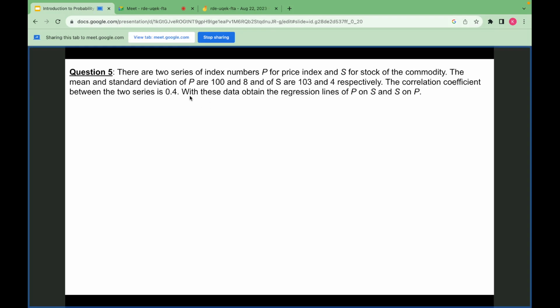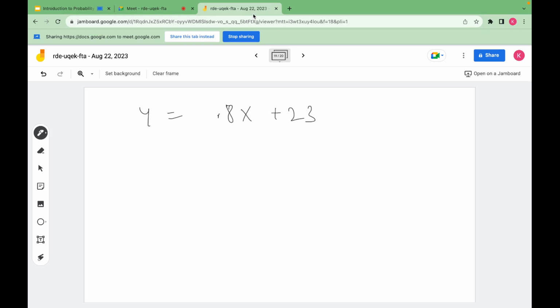So in the question we were asked that with this data, obtain the regression lines of P on S and S on P. So we found these values.